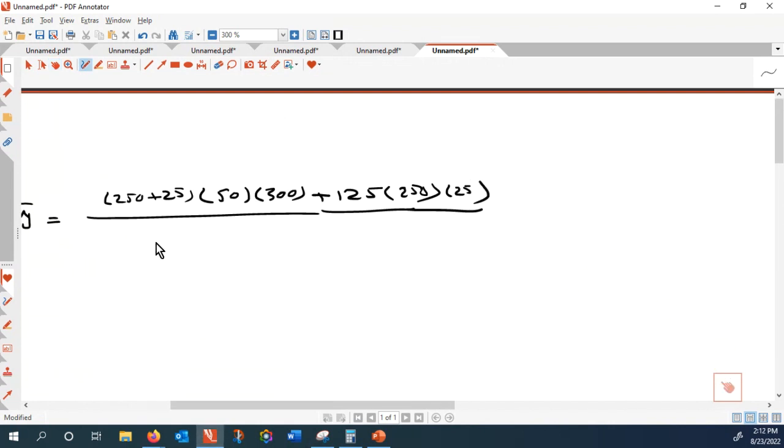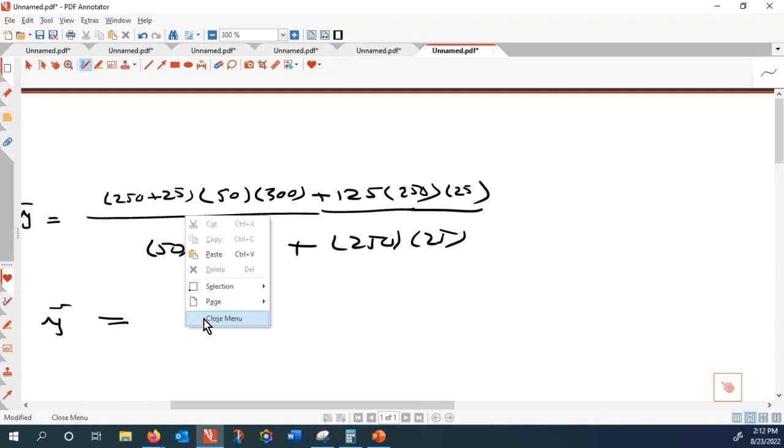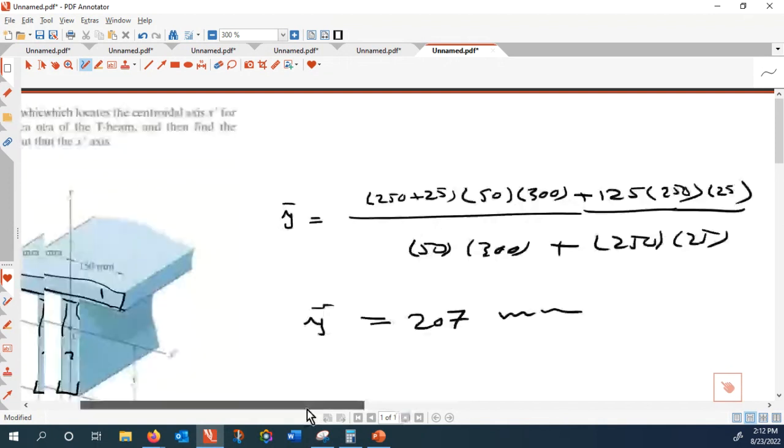And that is divided by the total area, so 50 times 300 plus 250 times 25. After the calculation, y bar is almost 207 millimeter.